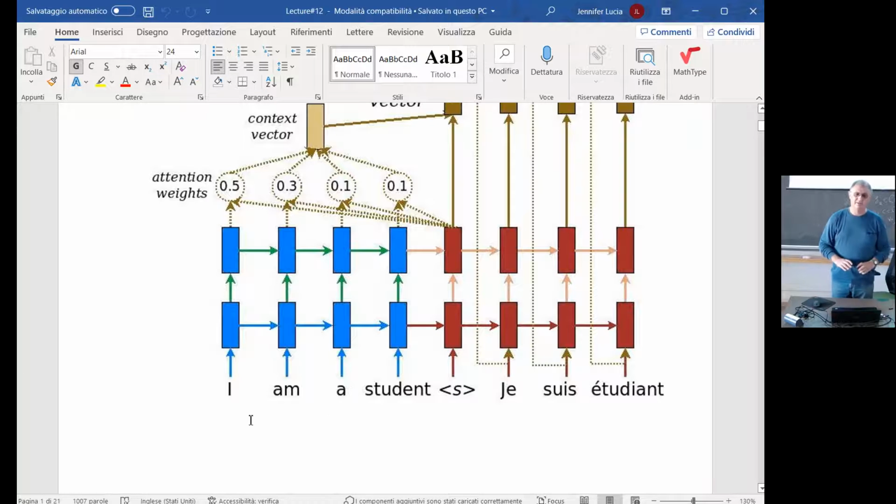"I" is the main word. Yes, "I." It is personal. "I am a student." So "I" is the main word.